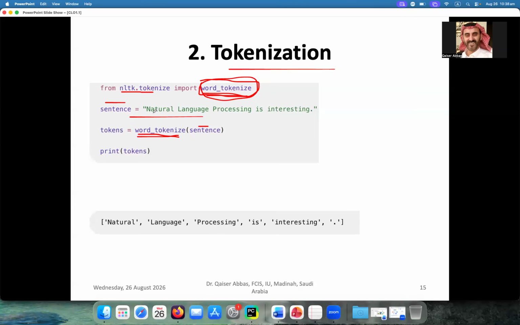It will split the words of your sentence, and you will have the split words in this array, which contains strings. At the zeroth position it will contain the first word. Then we print it, and the words are now separated.